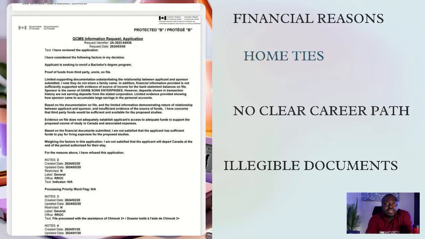And if the person eventually withdraws his sponsorship, you discover that you don't have enough money to finance your education. Because of that, he is not satisfied that this student will leave Canada at the end of the proposed study. So therefore, he's refusing this student a study visa.